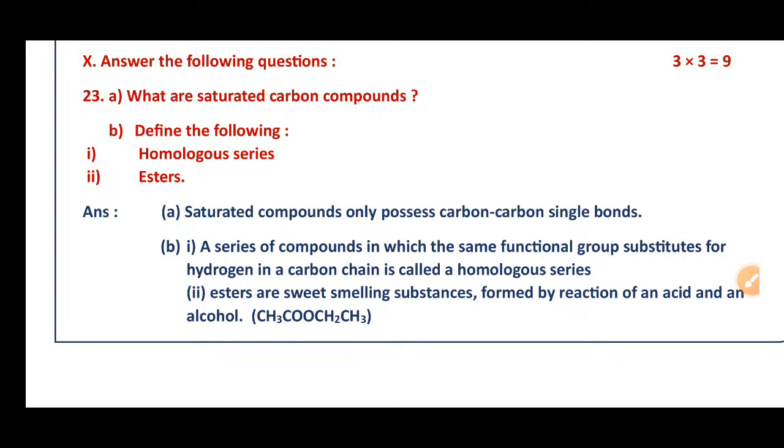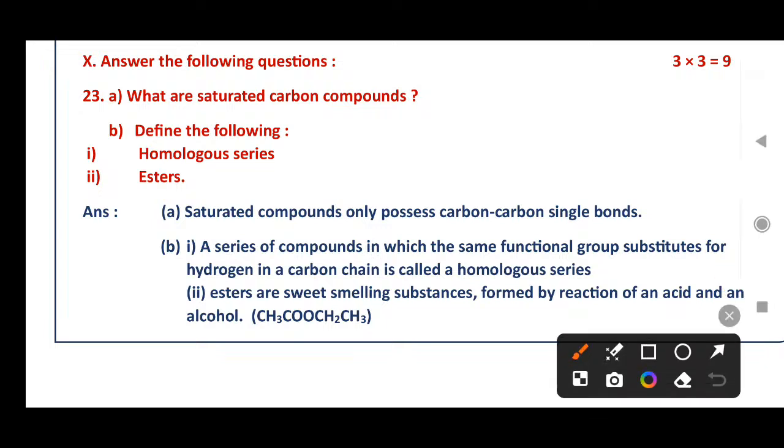It's called a homologous series. Then esters. Esters are sweet smelling substances formed by reaction of an acid and an alcohol. Okay, CH3COOCH2CH3, these are what? Esters. So for this 1 mark and for this 2 marks, total 3 marks.